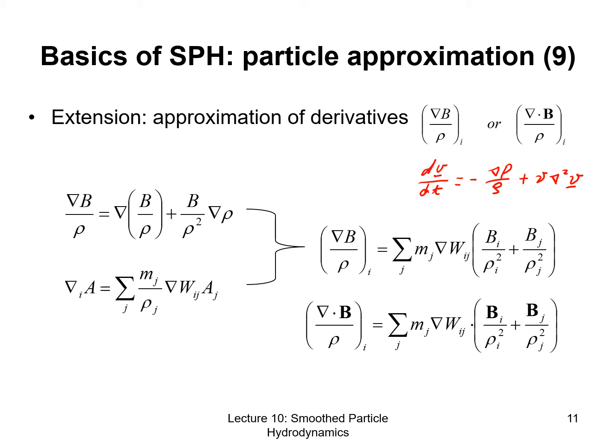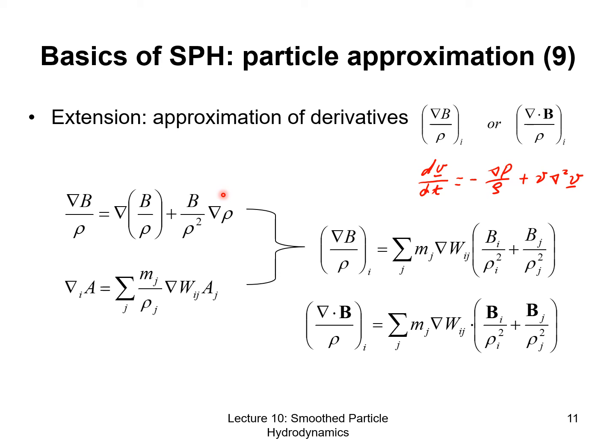So basically we need to approximate this term. And if we deal with a solid, then this one would be the stress. So we also need to do this term.